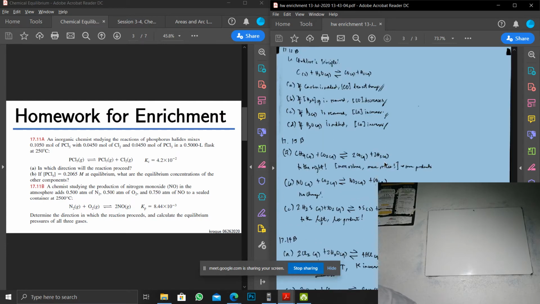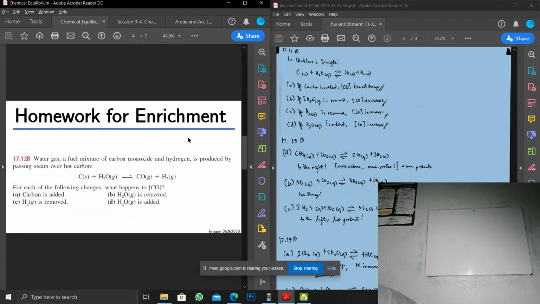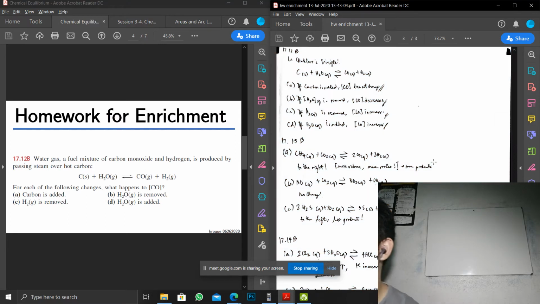Okay, for 17.12, B, ito, Le Chatelier's principle, dali lang to, happens to CO. Carbon is added, solid siya, so walang effect dapat, kasi solid nga siya. Now, letter B, H2O gas is removed. H2O gas is removed, siyempre, papunta sa left yung equilibrium.